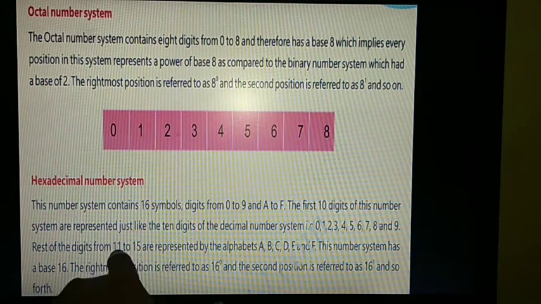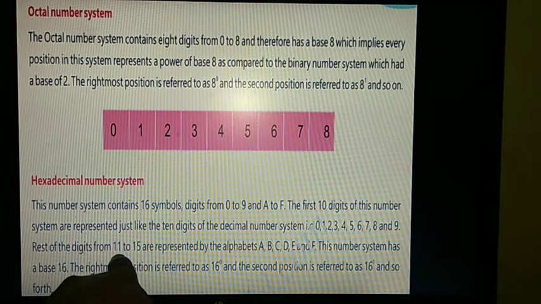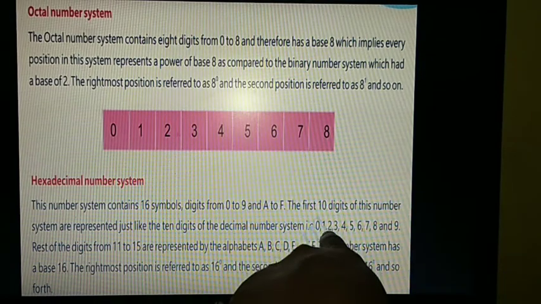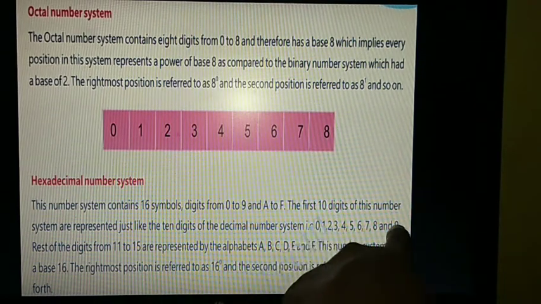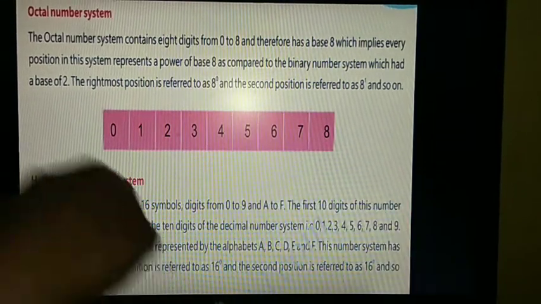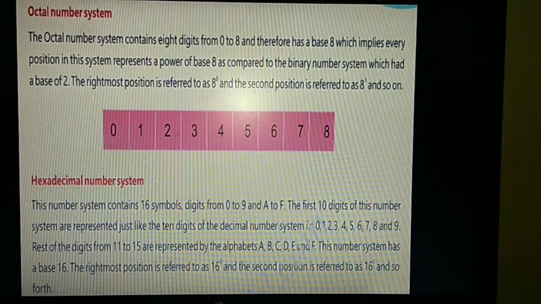It is not starting from 11, it is starting from 10. As you complete 0 to 9, after that it starts from 10 to 15.